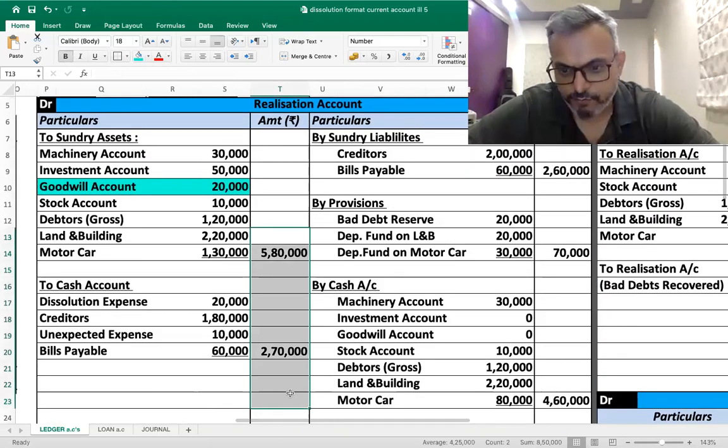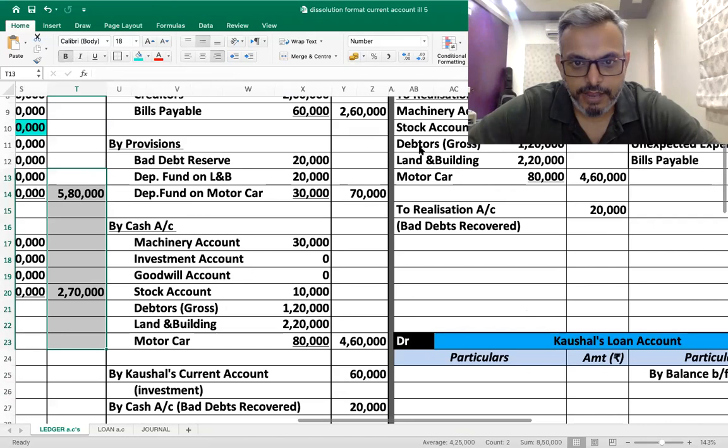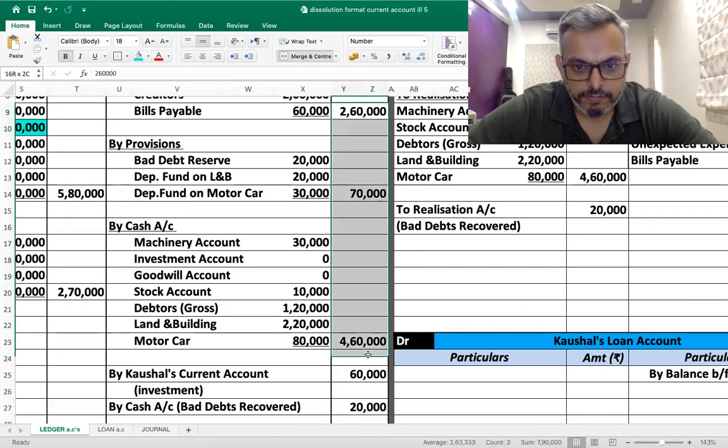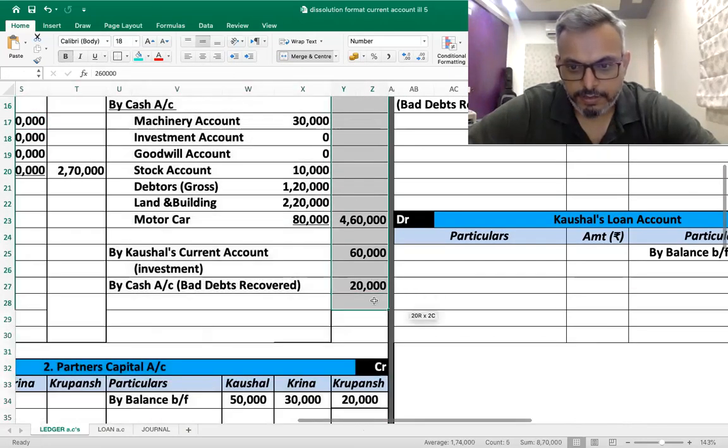You see which side is more, 8 lakh 50 and over here 8 lakh 70.